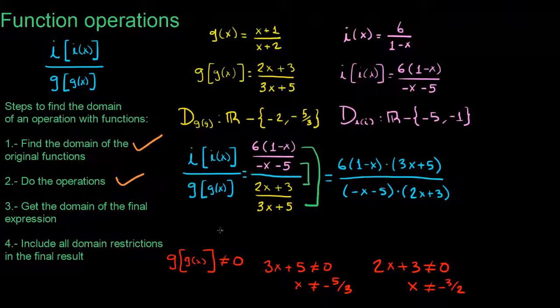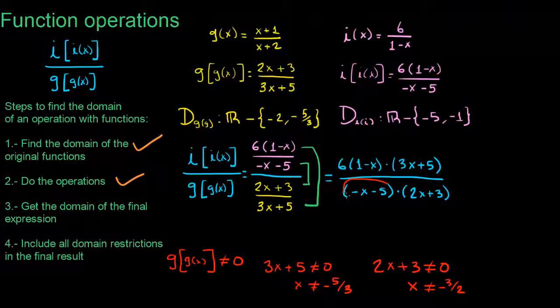Now, in order to get the domain of this final expression, we should make sure that this statement here and this one here cannot be equal to 0. So this one in here is already placed in here. So that will be it.